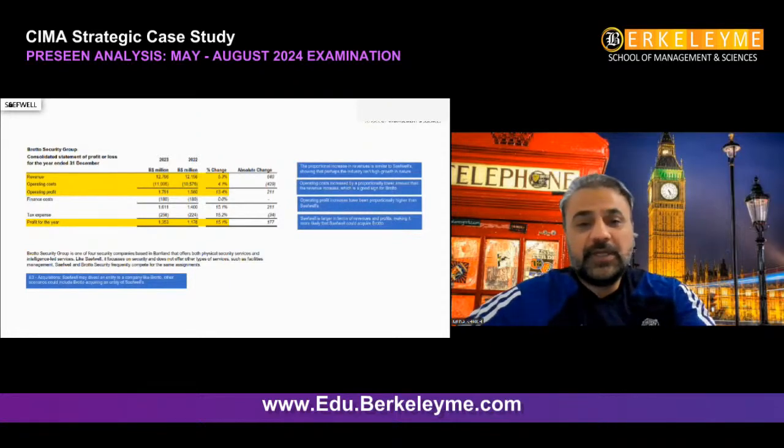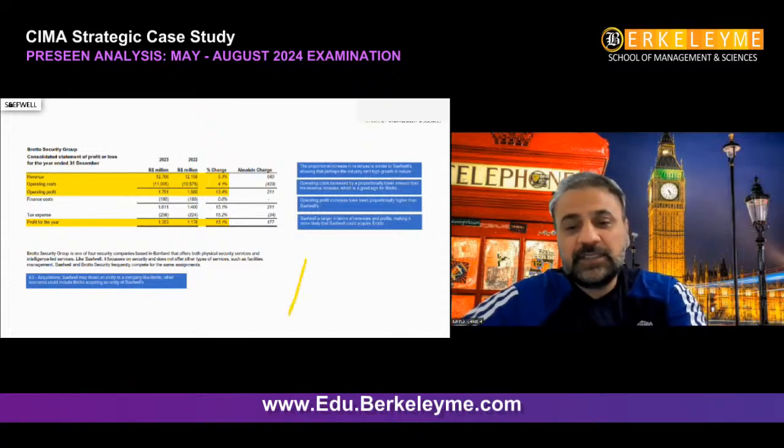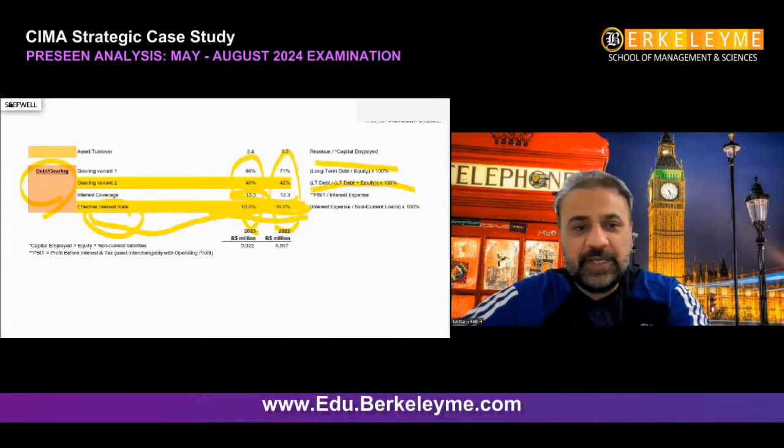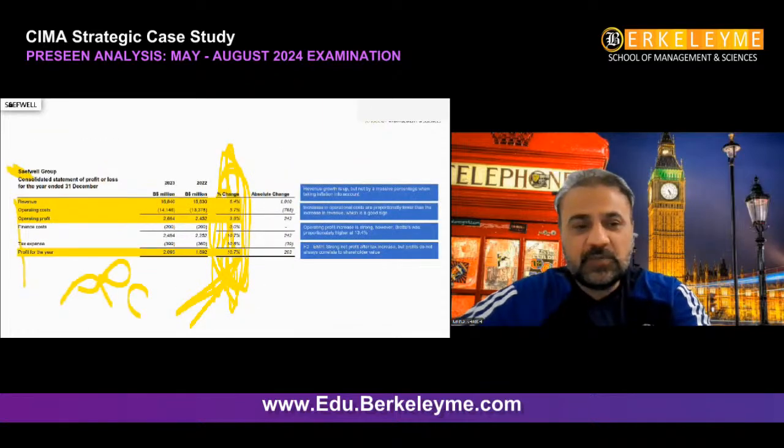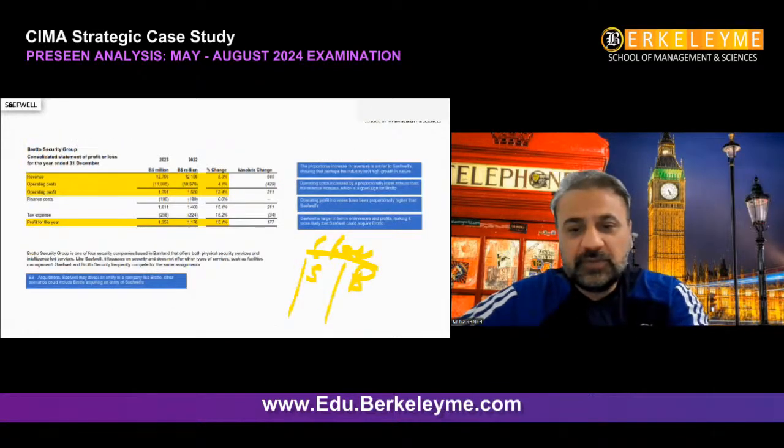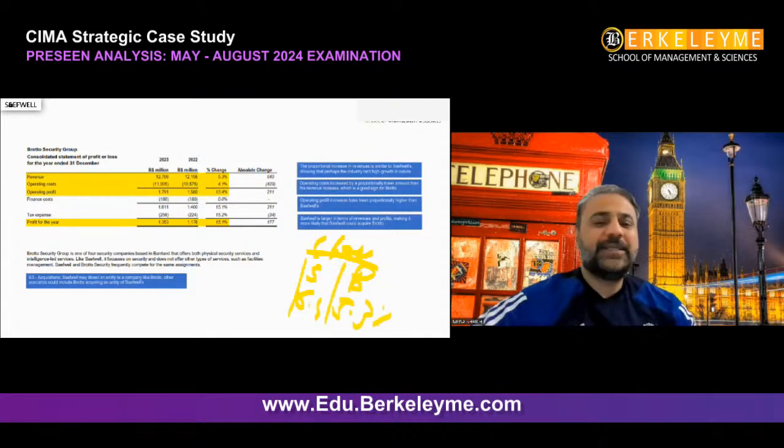Competitor also 5.3. So I would suggest you make a change column for you, Safewell and Bruto. And for example, how much they changed: 6.4. So 6.4. How much has your competitor's revenue changed? 5.3%.